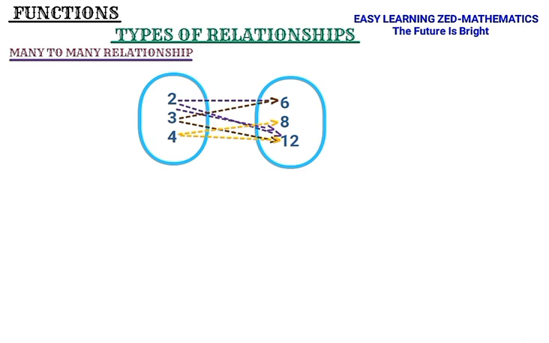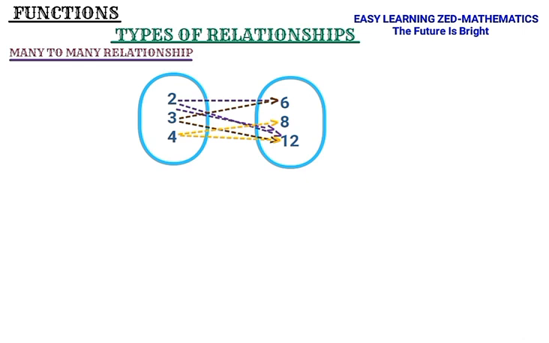So many to many is where one element in a given set is connected to many elements, and the other elements are also connected to many elements. Now note this. The way we have 2 and 3, we can also have maybe 5, and you find that 5 is not connected to anything.